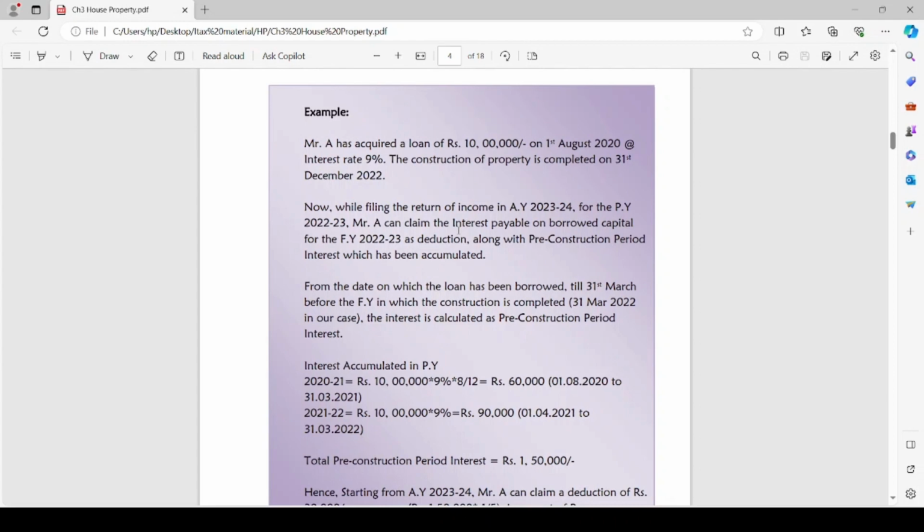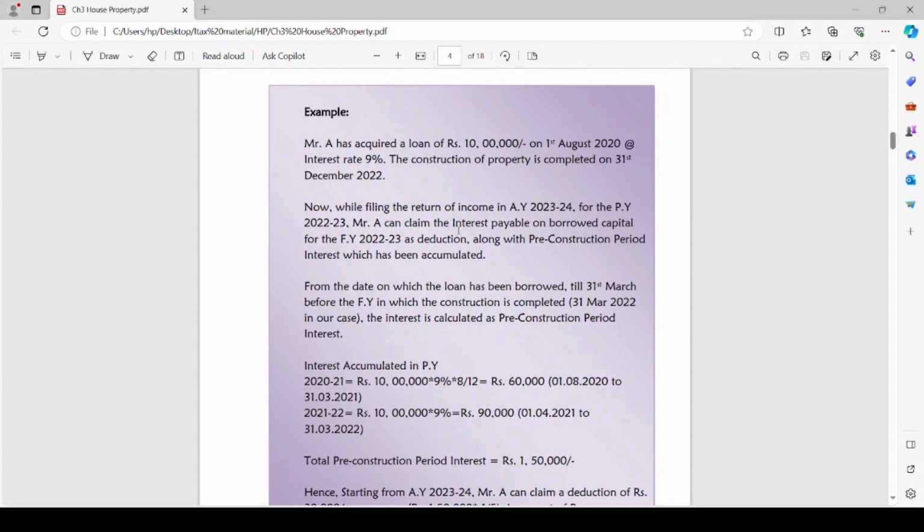That is, from the date on which the loan was borrowed till 31st March before the financial year in which construction is completed. The construction of the property is completed on 31st December 2022. So, the pre-construction period will run from 1st August 2020 till 31st March 2022. And such interest is calculated as pre-construction period interest.